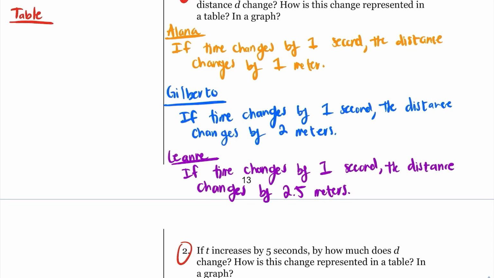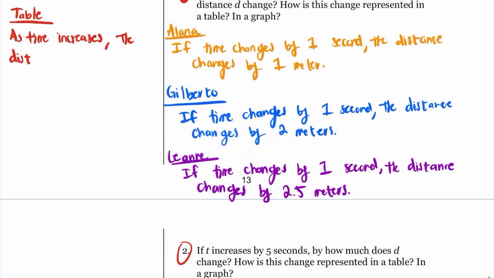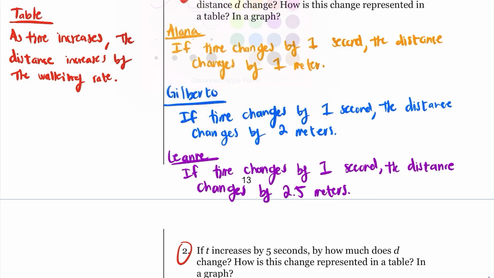In a table, you'll notice that as time increases, which is something we've already taken a look at, the distance increases by the walking rate. Okay.